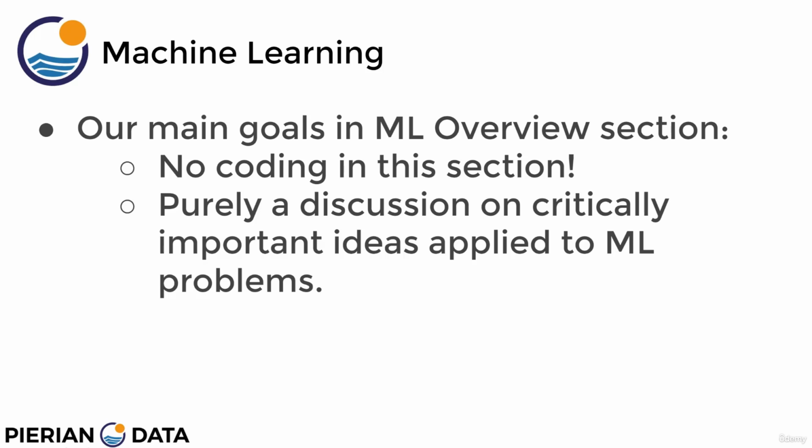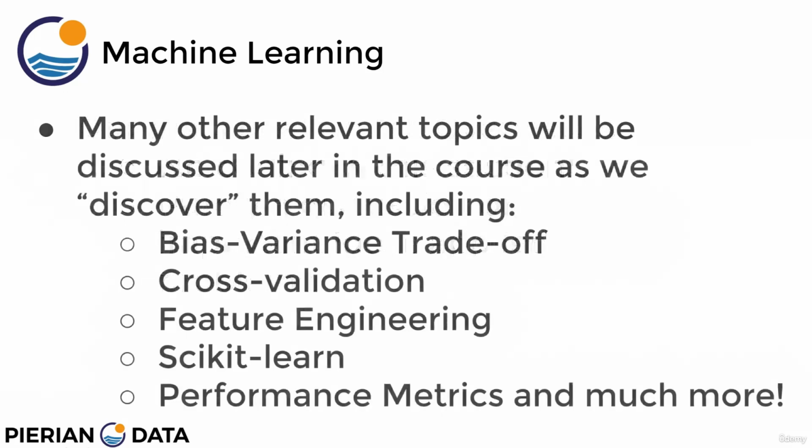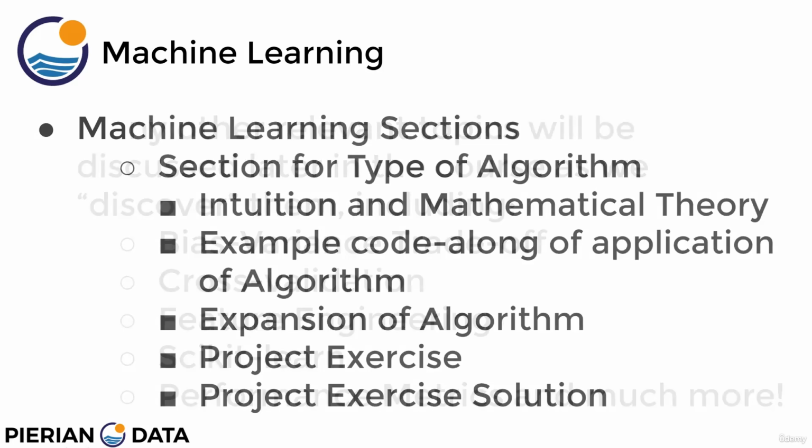It's purely a discussion on critically important ideas applied to machine learning problems. You should also keep in mind that many relevant topics will be discussed later on in the course as we discover them, including bias variance trade-off, overfitting versus underfitting, cross-validation, feature engineering, scikit-learn, performance metrics, and much more.